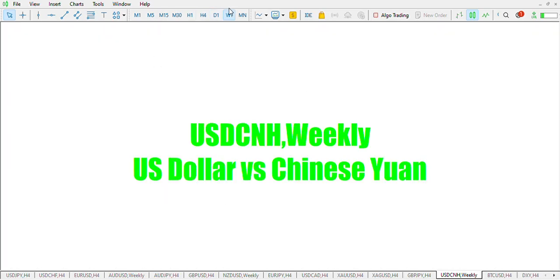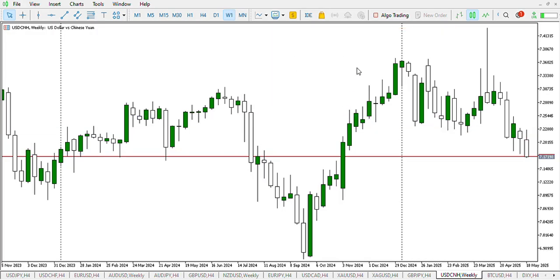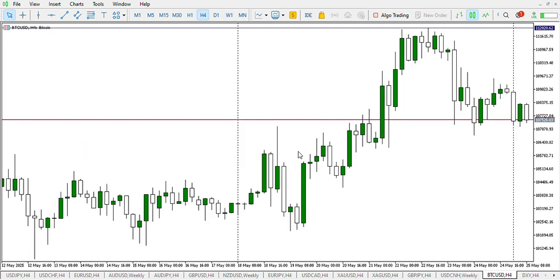And on this pair, you can see just one support, which is not so good looking. The buyers of the US dollar are not strong for this month.